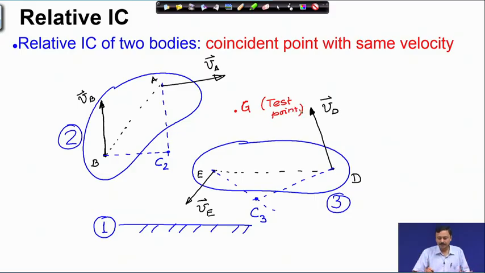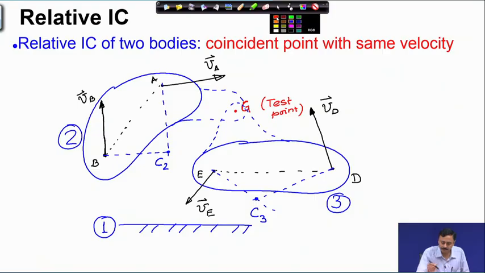I want to know whether, in the extension of body, if I extend this body 3 and I extend this body 2, G can now belong to body 2 or body 3. So, this is a coincident point.